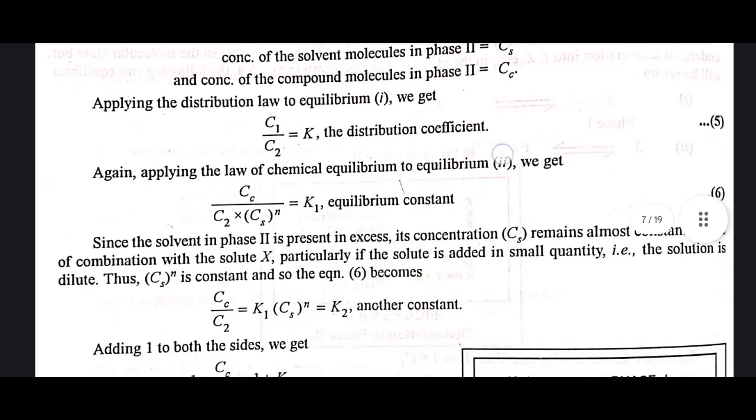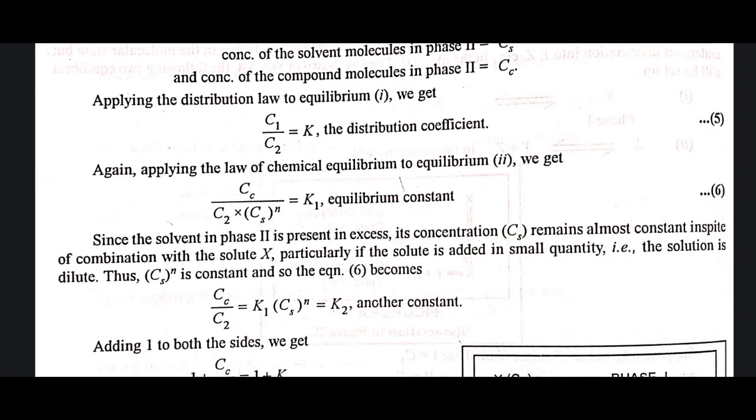Again applying the law of chemical equilibrium to equilibrium second, we get Cc upon C2 into Cs raised to the power n is equal to K1, equilibrium constant. This is equation number 6. Since the solvent in phase 2 is present in excess, its concentration Cs remains almost constant in spite of combination with the solute X, particularly if the solute is added in small quantity, i.e., the solution is dilute.